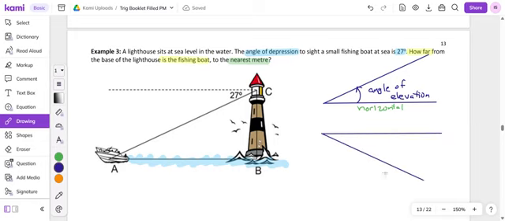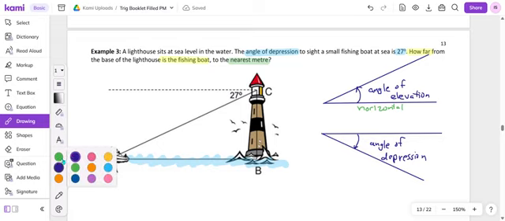Zoop. And so this is our angle of depression. Right? So depression alludes to going down and elevation is going up. In both of these cases, the reference point is always a horizontal line.